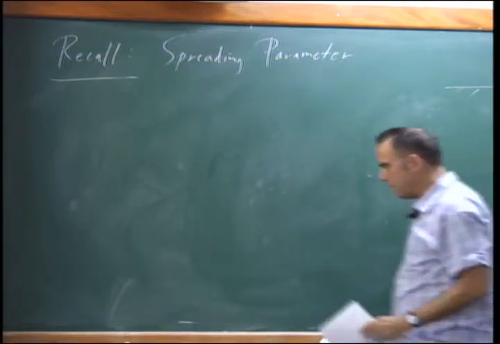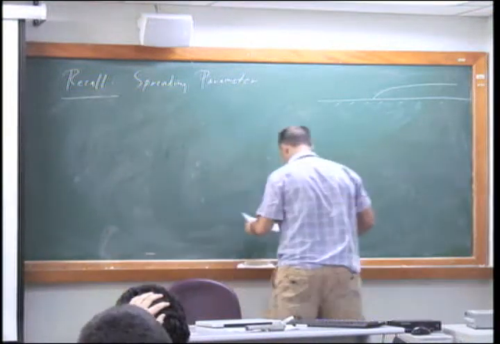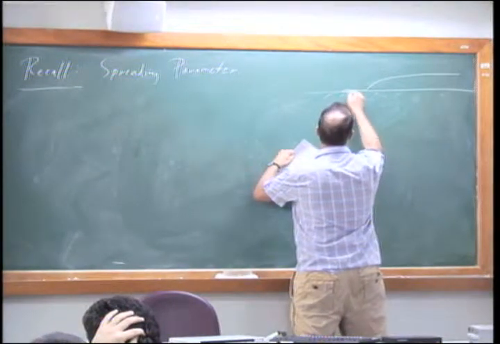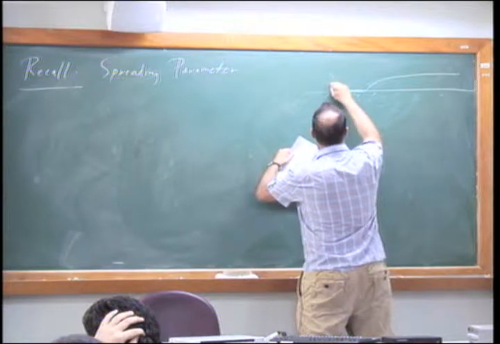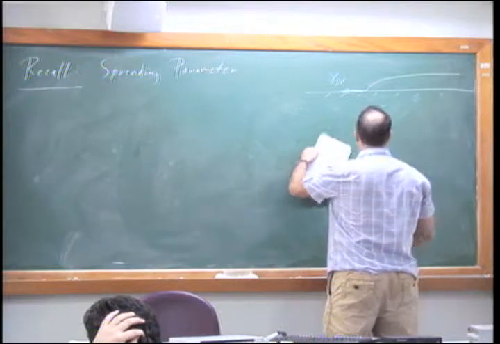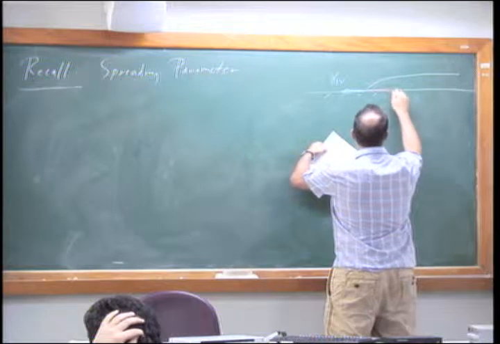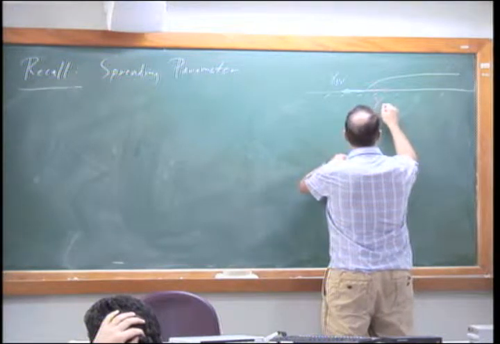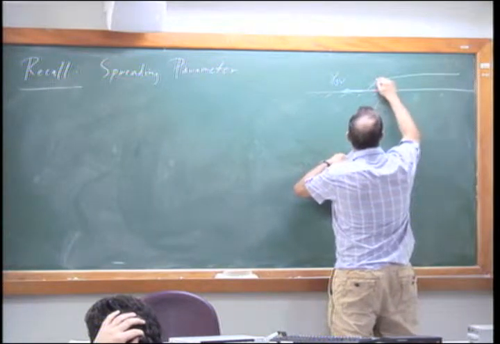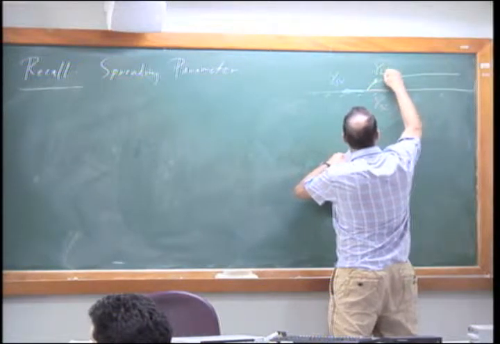So if we have a fluid, we have this tension, which is gamma solid vapor. We have this tension, which is gamma solid liquid, and then we have the third one, which is gamma liquid vapor. Okay.